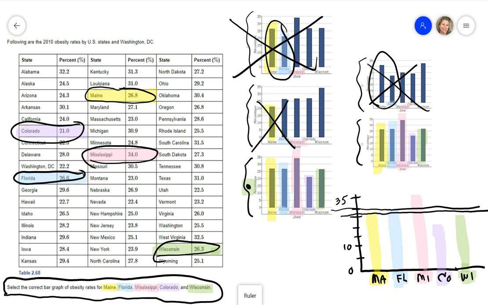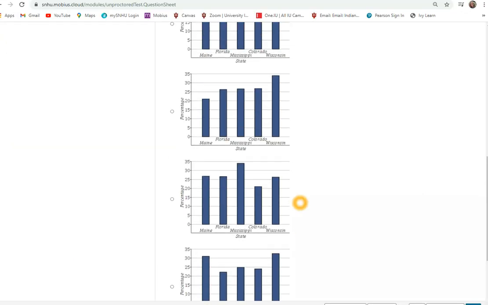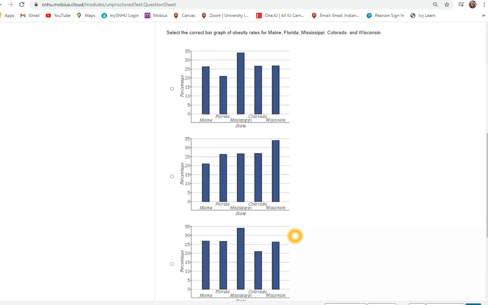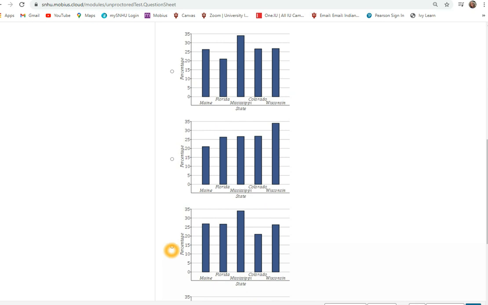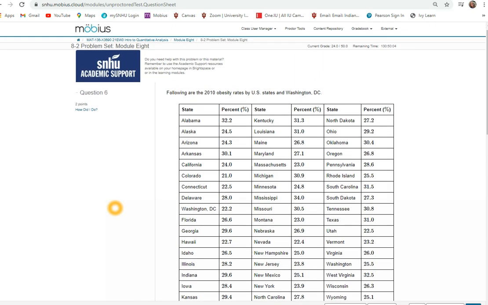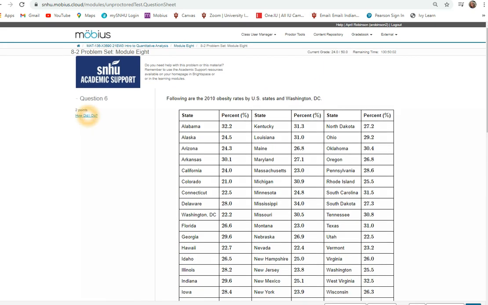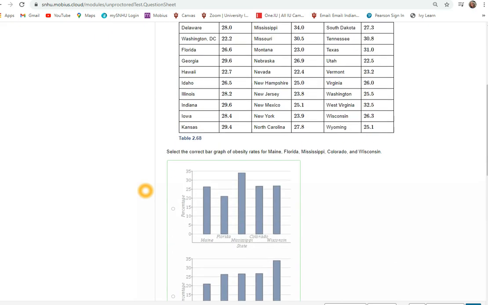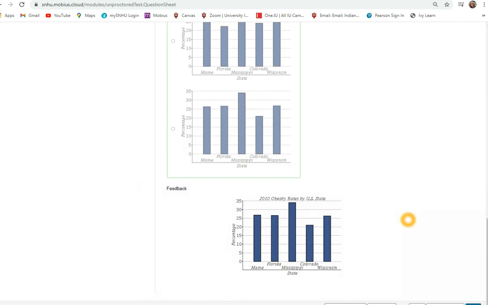That was really tight. I mean, that was hard to tell. So let me go back to here, and it was the third one down. 1, 2, 3. This one. That was difficult to tell visually. Yep, got it right.